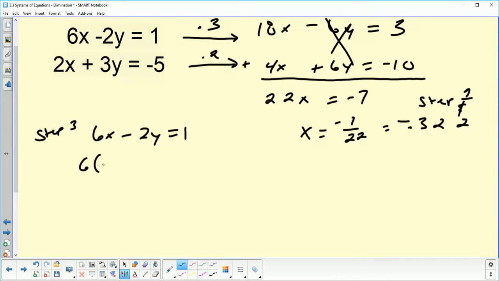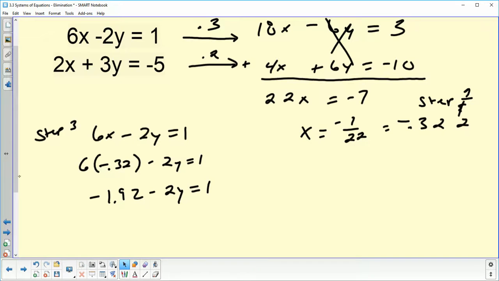So 6 times negative 0.32 minus 2y equals 1. Okay, and if I multiply that 6 times negative 0.32, I get negative 1.92 minus 2y equals 1.